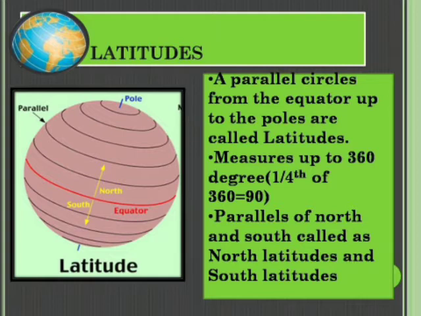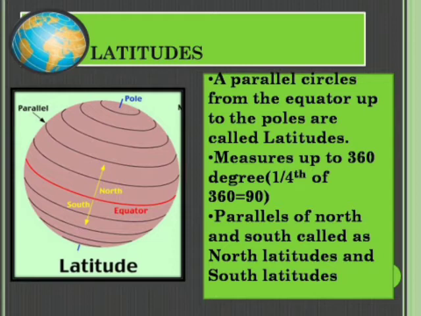Already I said that the earth rotates. For one spin it takes 24 hours. So in 24 hours it covers 360 degrees. So this imaginary line, the parallels of latitudes, also takes 360 degrees to identify the location.